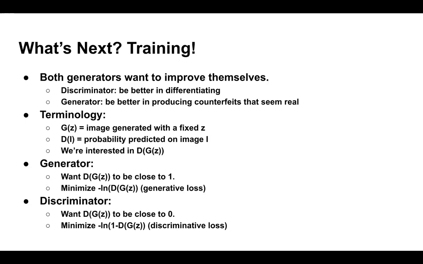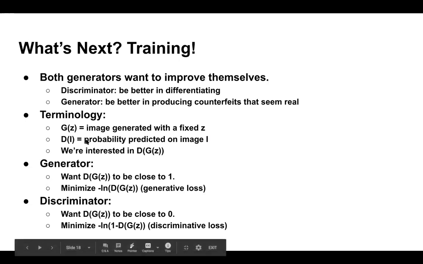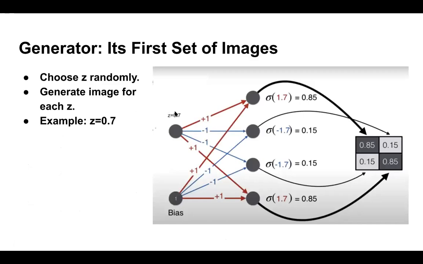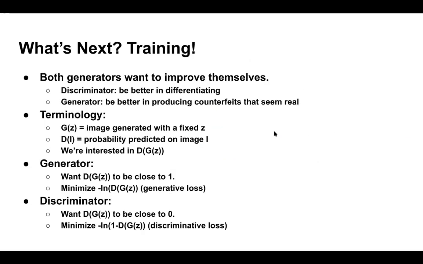For this purpose, I'll talk about a bit of terminology. G of Z means the image generated with a fixed Z. Let me go back to talk about what Z is. Here Z is 0.7, and because we want to generate a set of images, we want to sample Z randomly or according to some distribution, and for each Z, we will make these predictions.